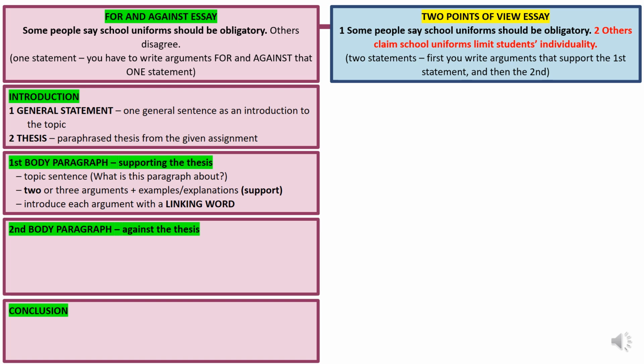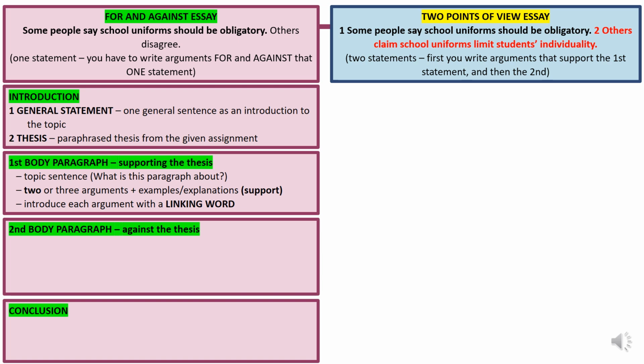So let's start with presenting the arguments that support wearing school uniforms in schools. This is a topic sentence. It answers the question, what is this paragraph about? Now after that, you need to use 2 or 3 arguments, nicely supported, that support the thesis of wearing school uniforms.